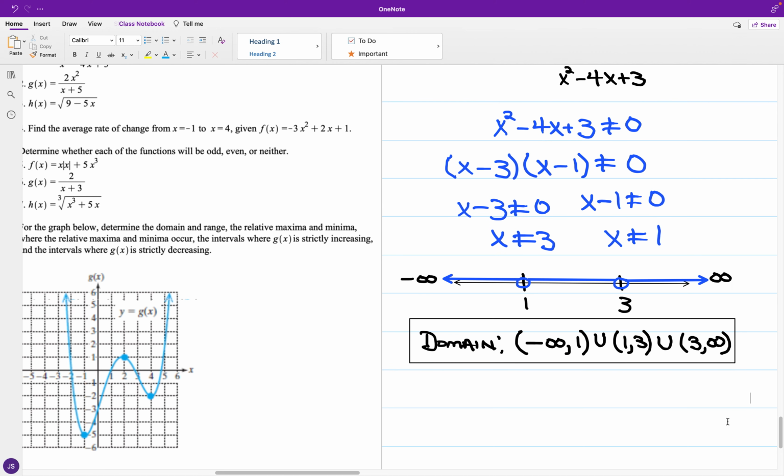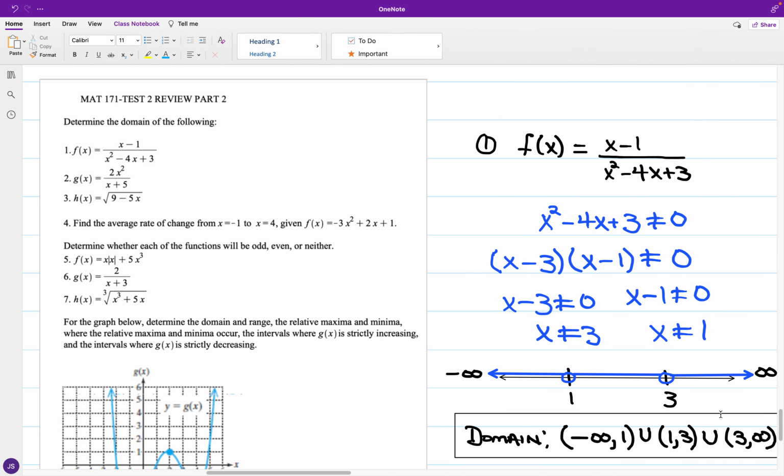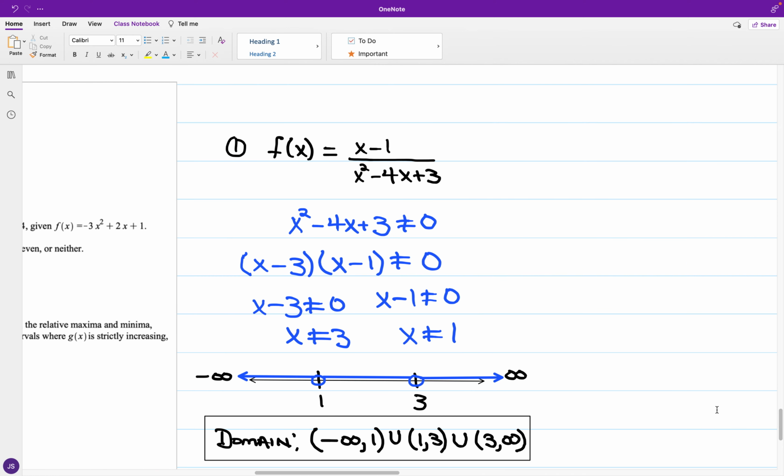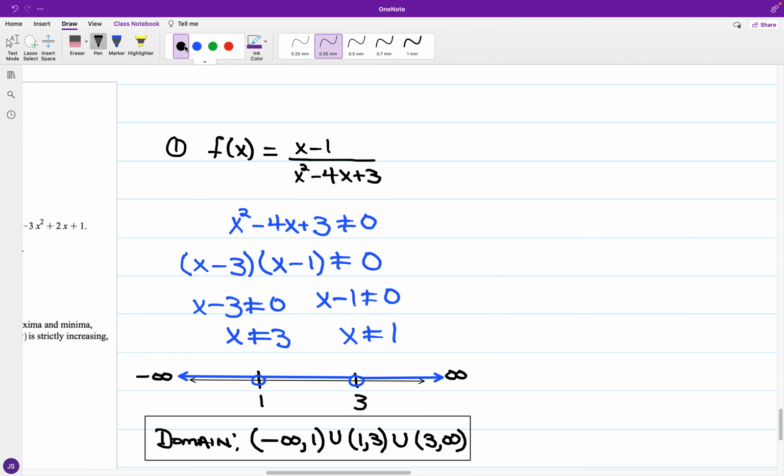Okay, all right. Now, for the second function, we have g of x equal to 2x squared all over x plus 5. So we have a rational expression.